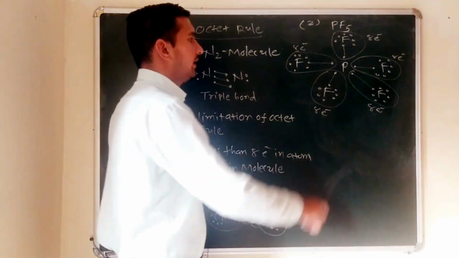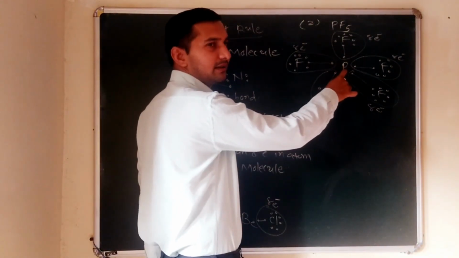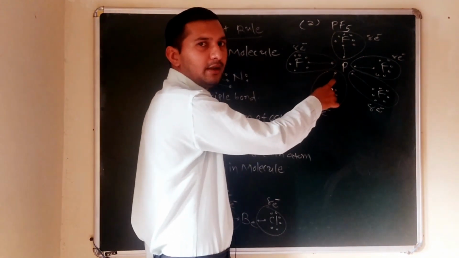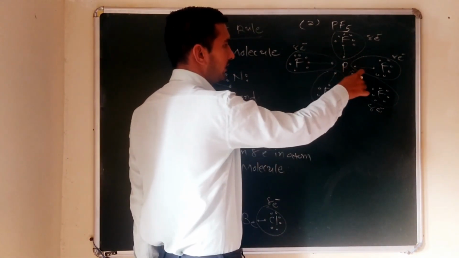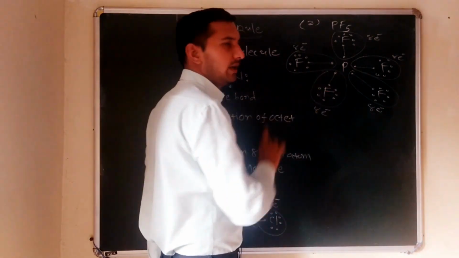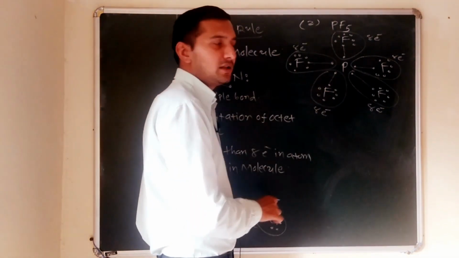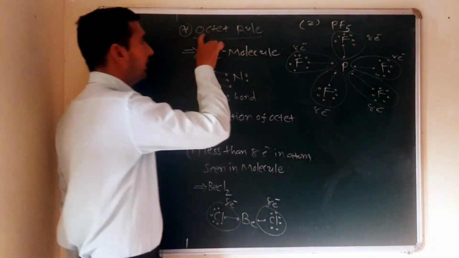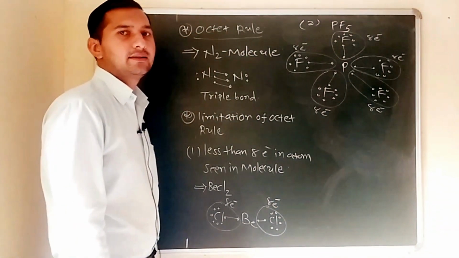But in the case of the central atom phosphorus, it has 5 shared pairs of electrons in the outermost shell, meaning 2 plus 2 plus 2 plus 2 plus 2. So there are 10 valence electrons in the phosphorus atom, which is more than an octet, or more than 8 valence electrons.